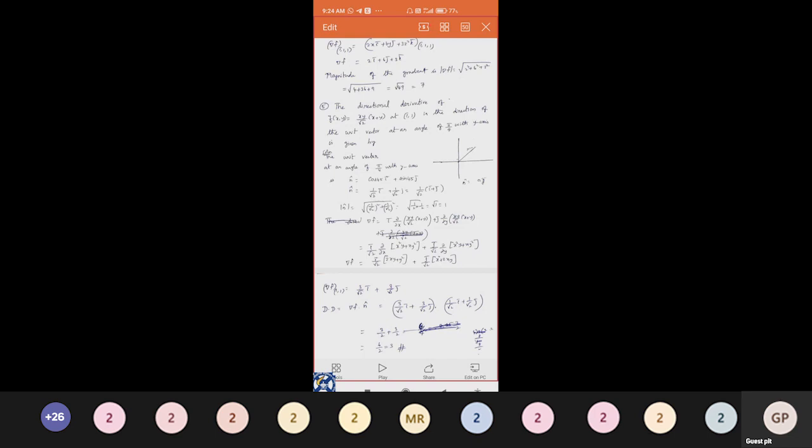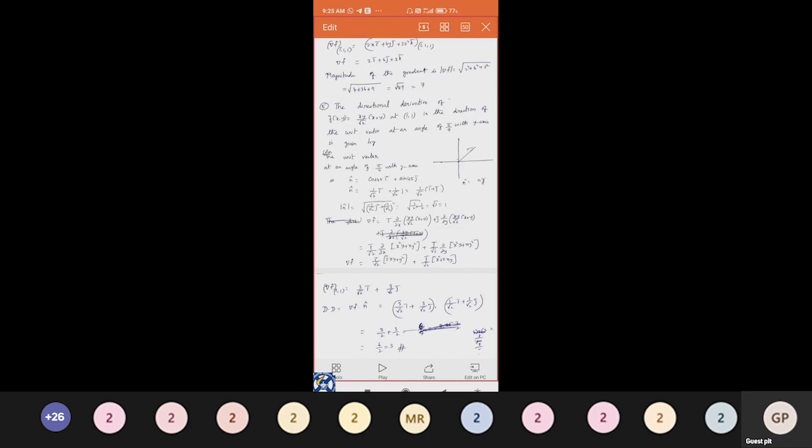Now you can do the differentiation and simplify the components of the gradient of f. Dou by dou x of x square y plus x y square becomes 2xy plus y square. For the jth component, differentiation of x square y plus x y square partially with respect to y becomes x square plus 2xy.